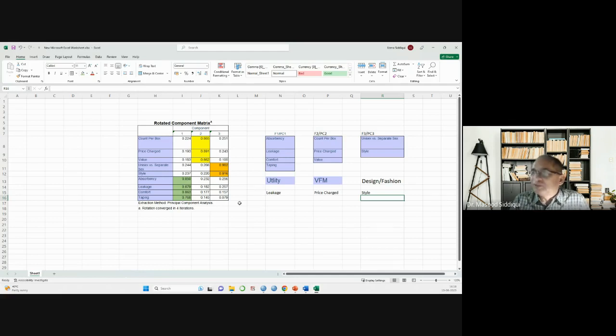So how can this solution be improved? If we don't want to make the data loss, what can we take? We can take the average of these values: absorbency, leakage, comfort, and tapping. Right? In the same way, for the second factor, we can take the average of these values. And for the third case, we can take the average of these two values.